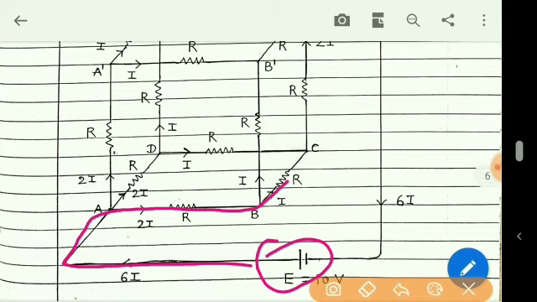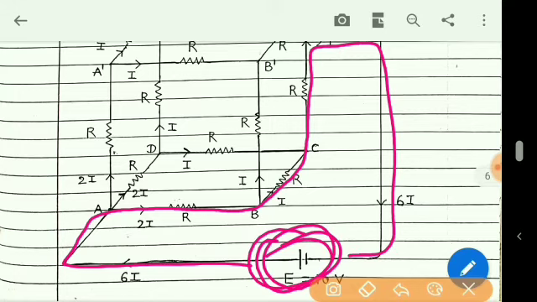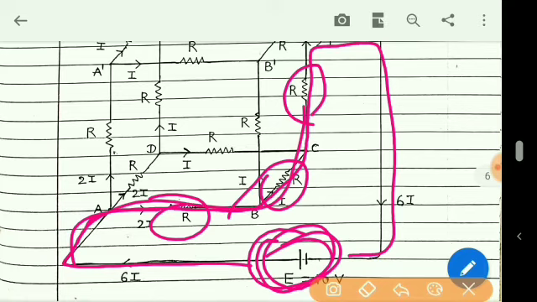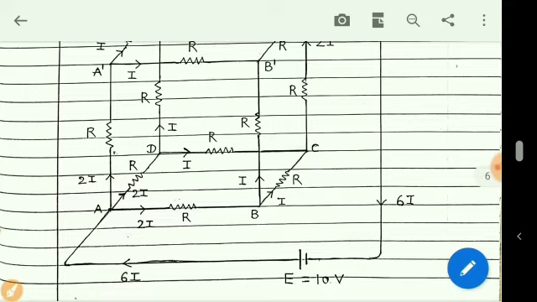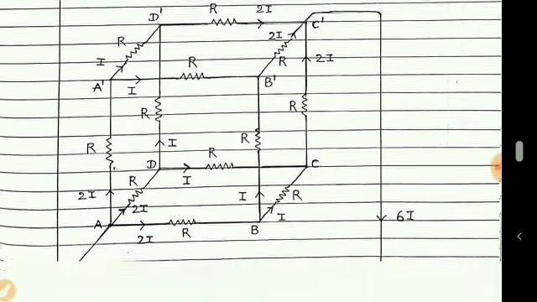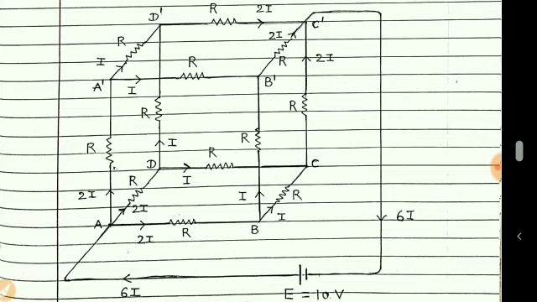So you can see here, this is also a loop consisting of a battery and the resistors along this path. Now students, the most important thing to solve this type of complicated network is to divide the current.